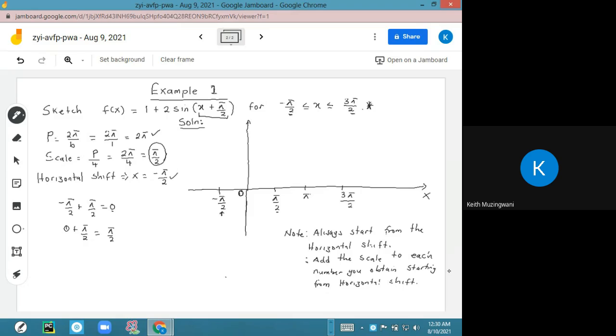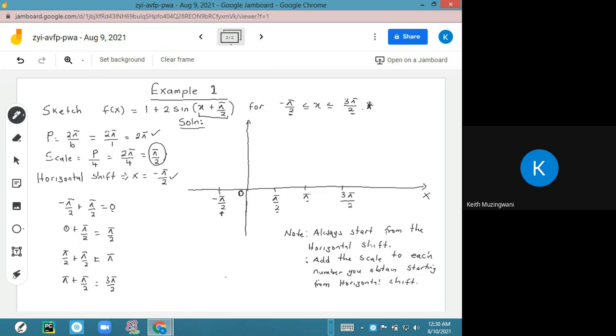To this pi over 2, we add the same scale, pi over 2, and we obtain pi. We have another x coordinate. We add to this number the same scale, our spacing between the x coordinates, so we get 3 pi over 2.